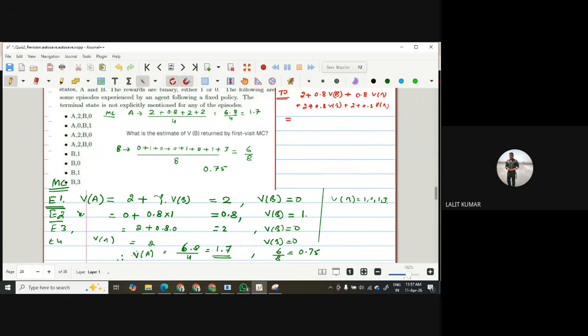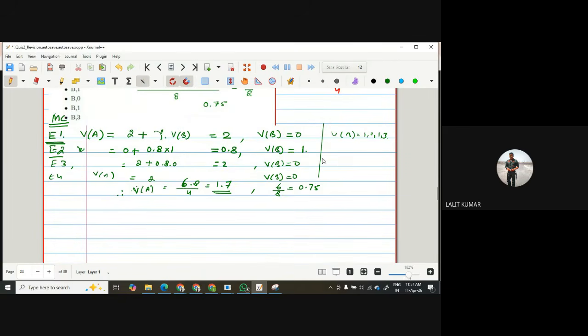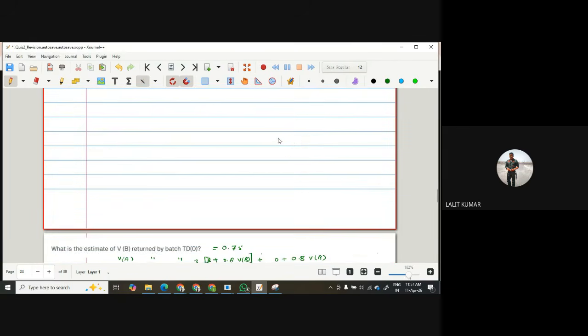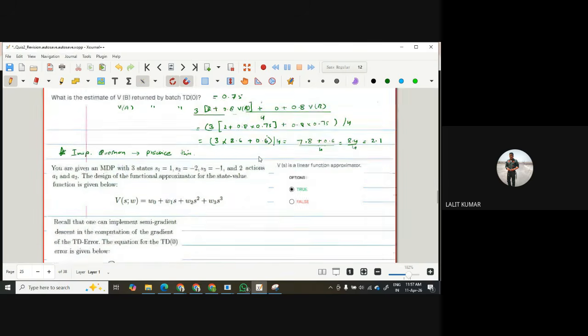So this will become 6 plus 3.2 into VB, divided by 4. Now VB will remain the same. So this will become 6 plus 3.2 into 0.75, divided by 4. You calculate this, you'll find the answer. Okay. Any question on this? Any doubt? No, sir. Okay.